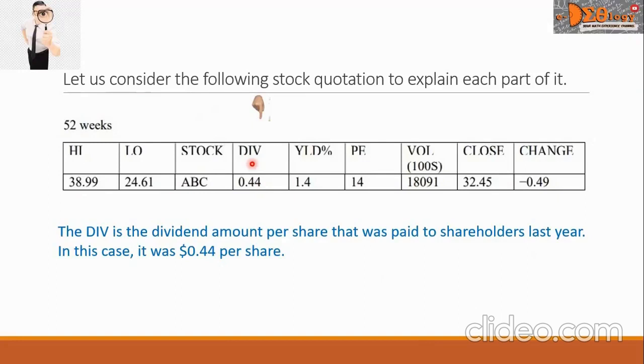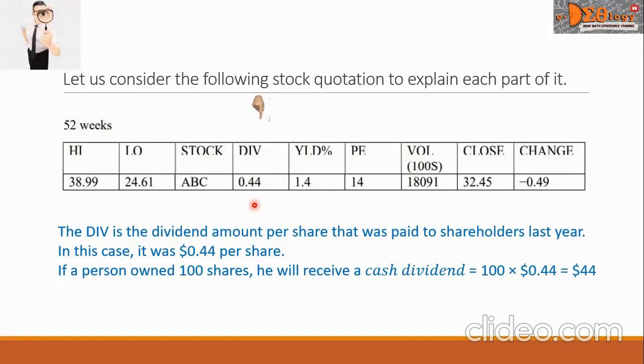This column, DIV, means the dividend amount per share that was paid to shareholders last year. In this case, it was $0.44 per share, or we say 44 cents.